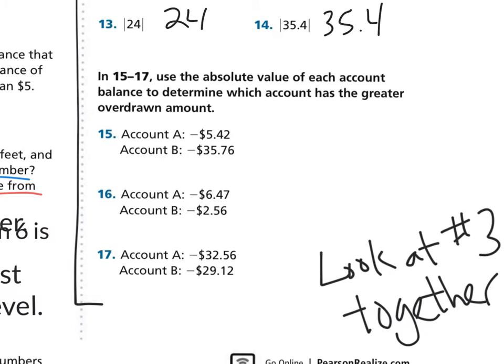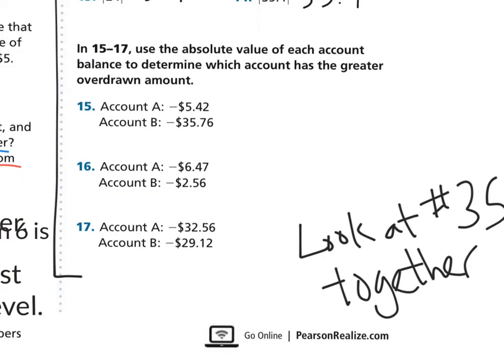So if we look at 15 through 17, use absolute value of each account balance to determine which account has the greater overdrawn amount. Greater overdrawn amount, in other words, they owe more money. Which one owes more money?